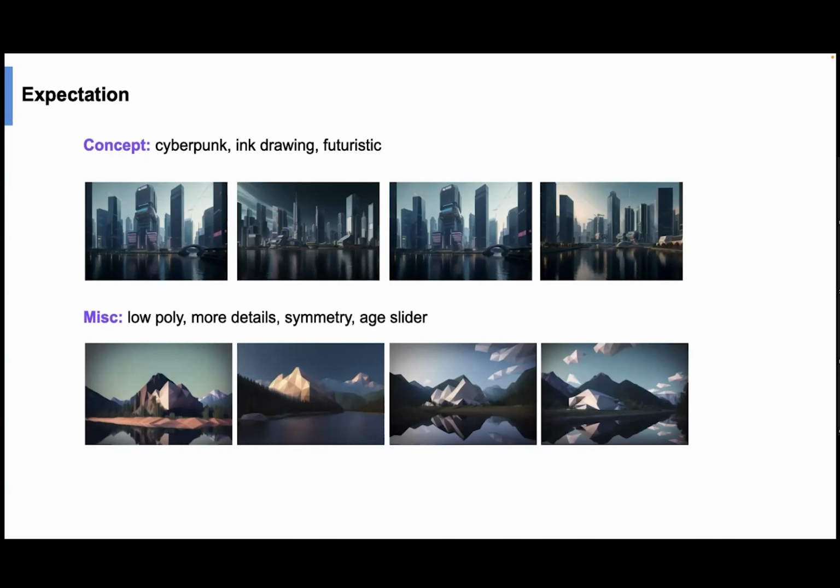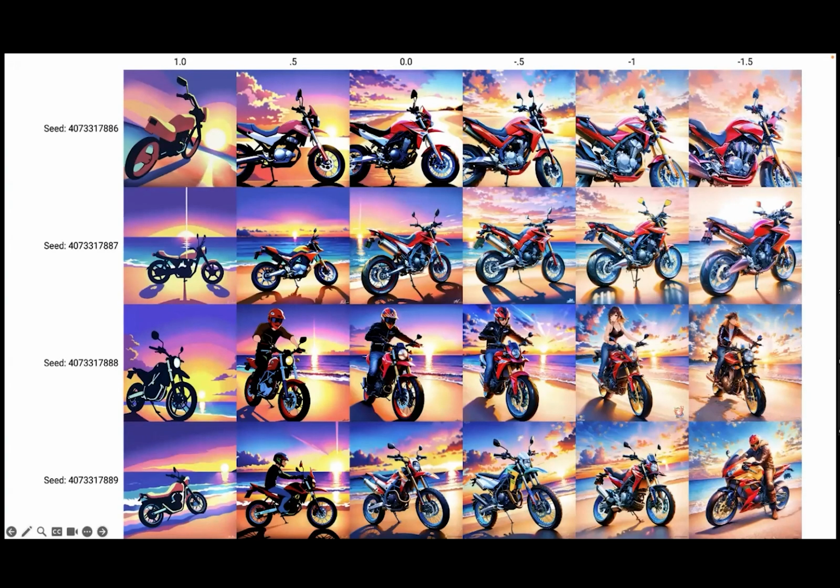You might wonder how a Lora like low poly is different from a concept Lora, because it looks like a kind of filter or something that changes everything generated into low poly.